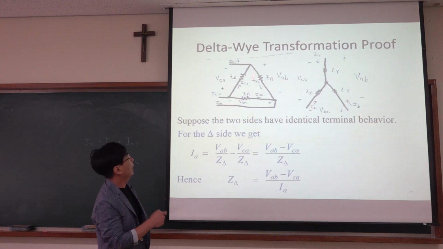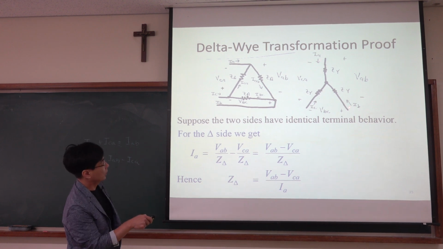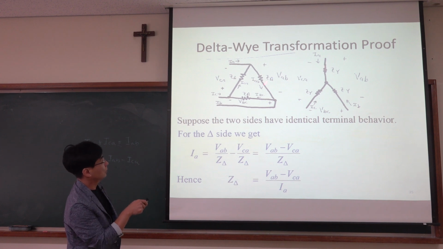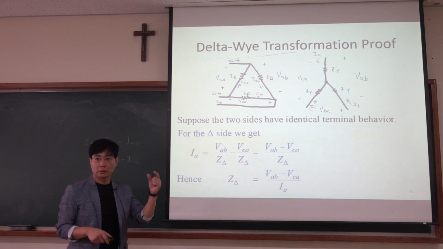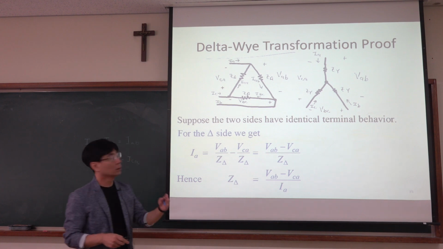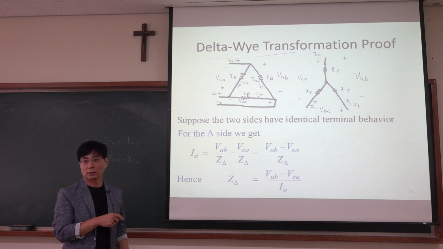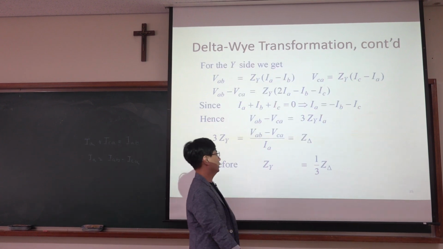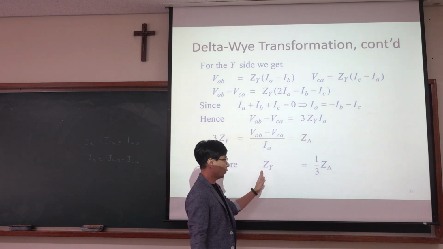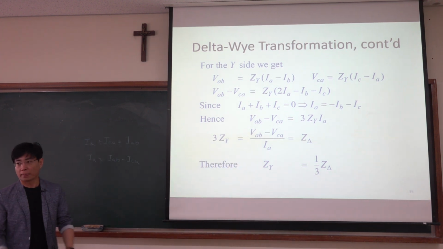So you see, from here to here, this is VAB, this is VAB. We have a single impedance here, but we have 2 impedances there. So just intuitively, this ZY should be smaller than Z delta. And the ratio is 1/3, roughly speaking.